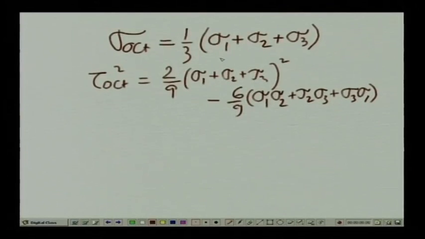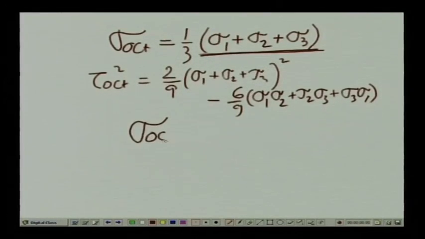Hence, as it has been asked, if sigma 1 plus sigma 2 plus sigma 3 is equal to 0, then the normal stress on the octahedral plane, sigma octahedral, is equal to 0. So, if the first invariant is 0, then the octahedral normal stress will be 0, and only shear stress will exist on the octahedral plane.